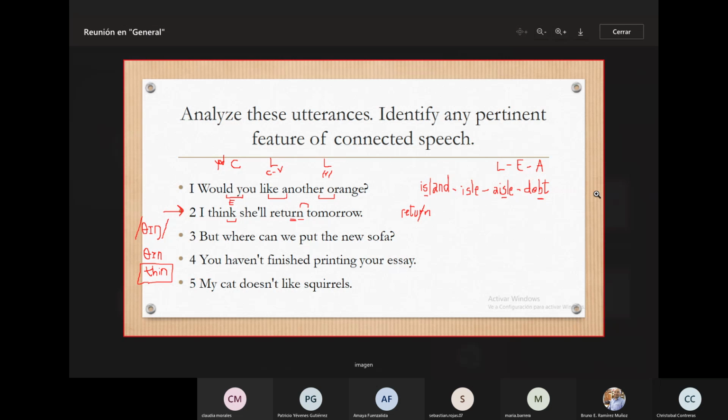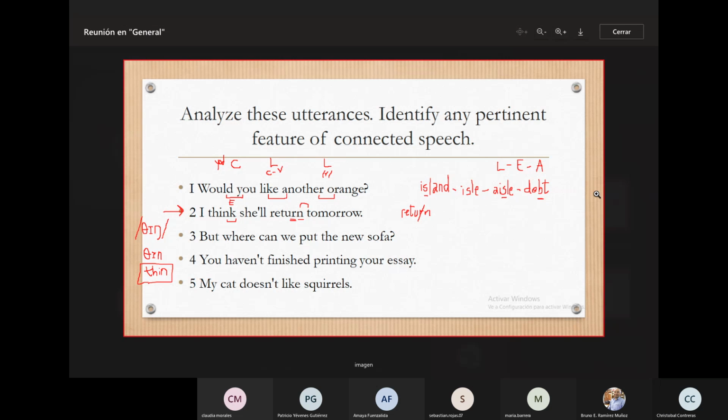So the n, which is sort of articulated by spreading the lips a little bit, and the next one is w, "can we". So the lips are not fully spread, they are getting ready for the next sound, which is somewhat rounded, right? Can we? So it's not a pure sound.